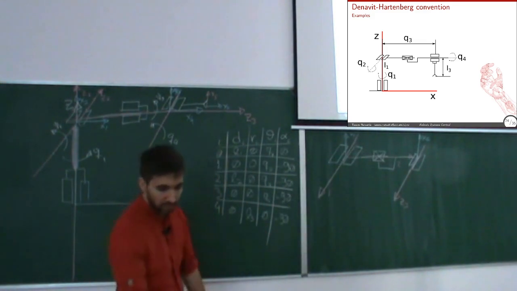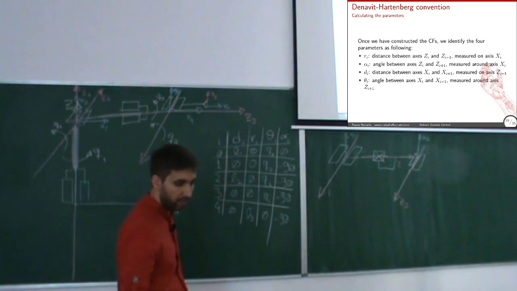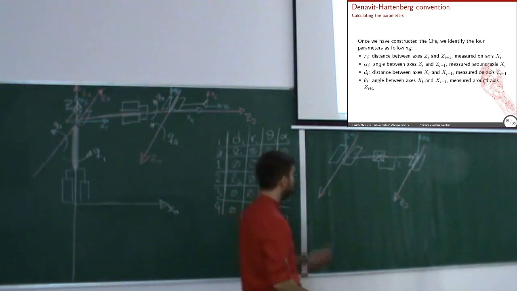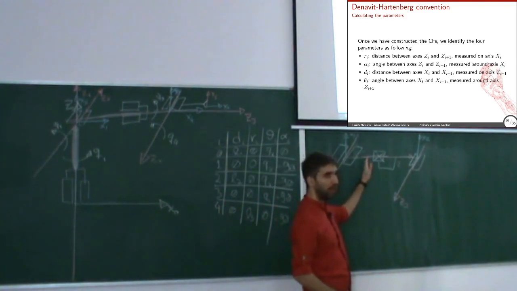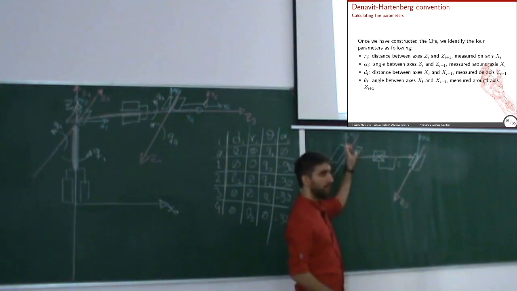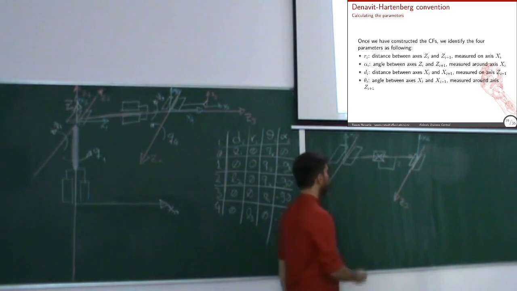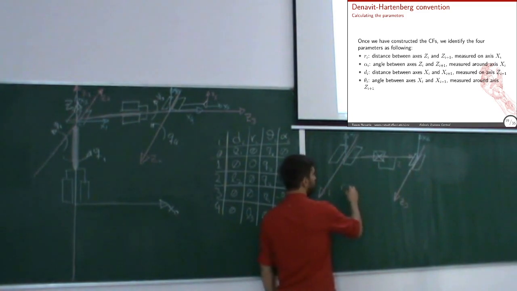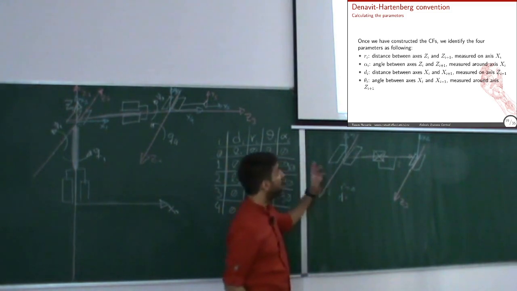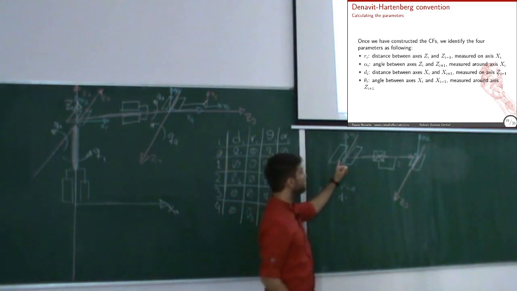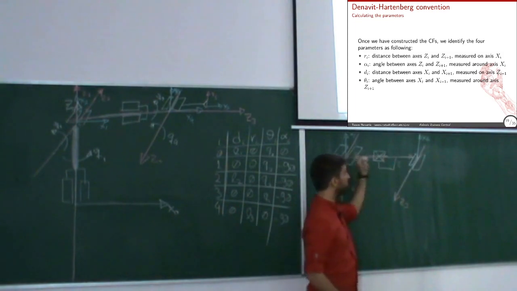Okay, so what did we say are the 4 parameters? R is the distance between Z1 and Z2 along X1, which is 0. Anyway, it's fixed in this case, right? R will be 0, while D is the distance between Xi and Xi plus 1, so X1 and X2.